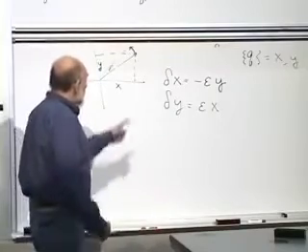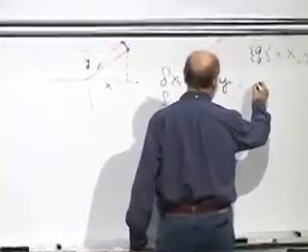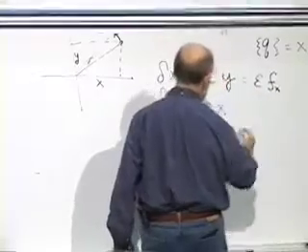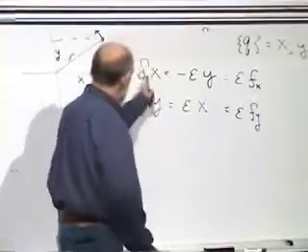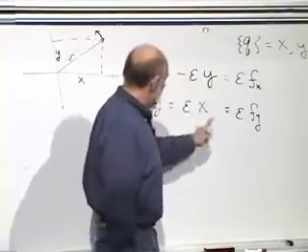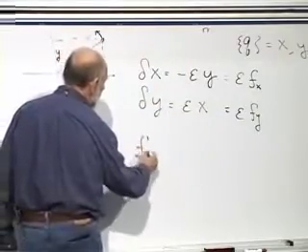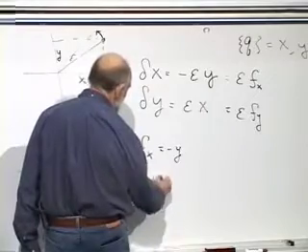All right, so this is what we would call epsilon times fx, and this is what we would call epsilon times fy. The change in x is epsilon times fx, and the change in y is epsilon times fy. We read off from that fx is equal to minus y, and fy is equal to x.